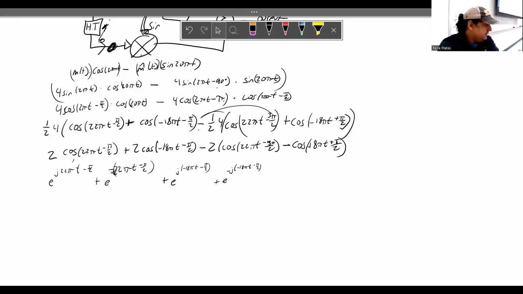Times sine of 25. Which is going to give you the same expression back, isn't it? We are using trig identities.